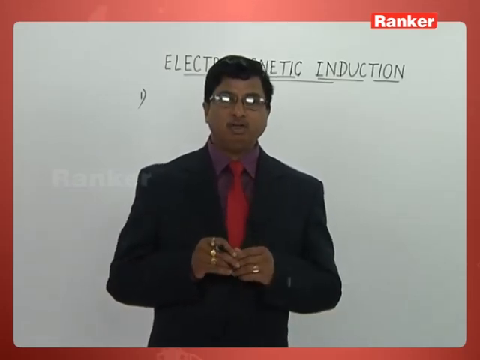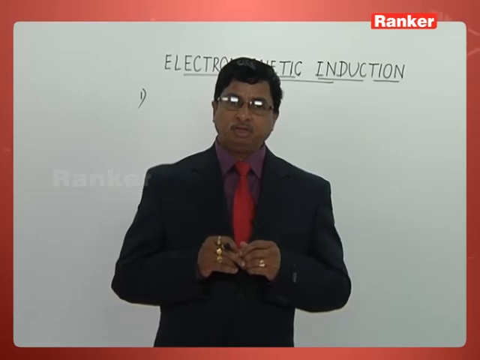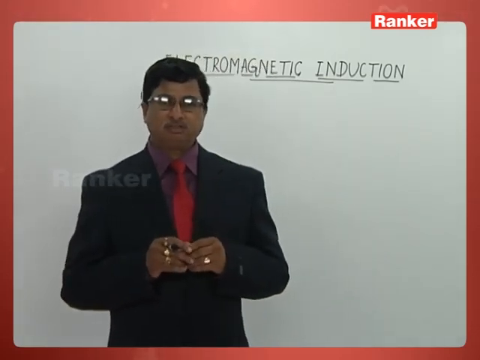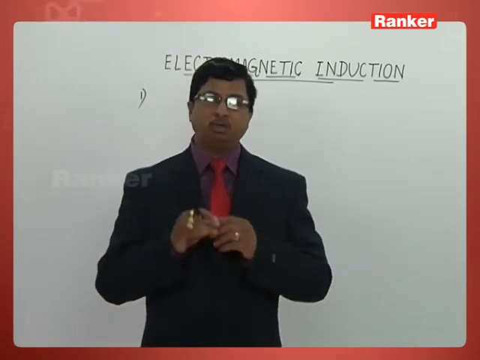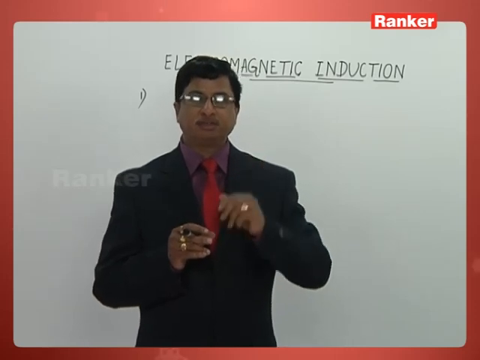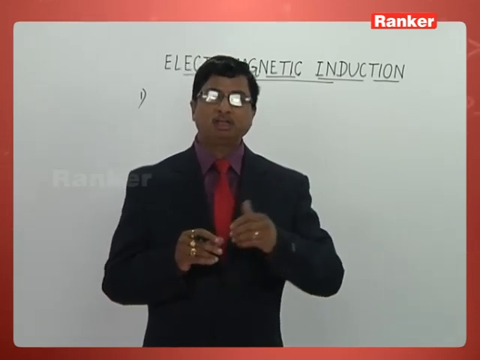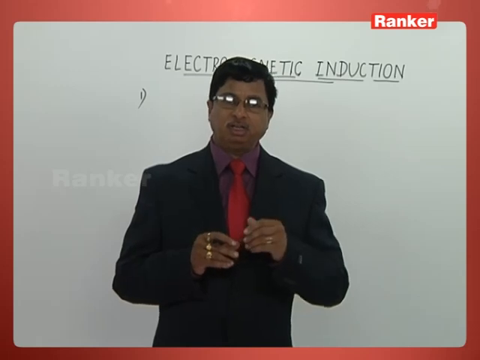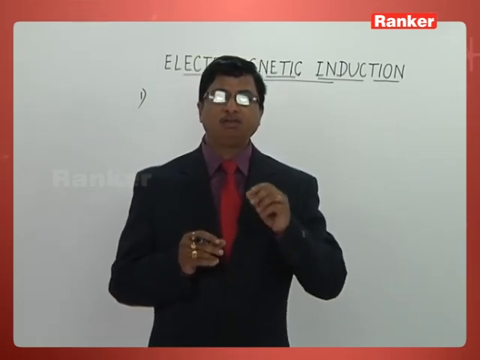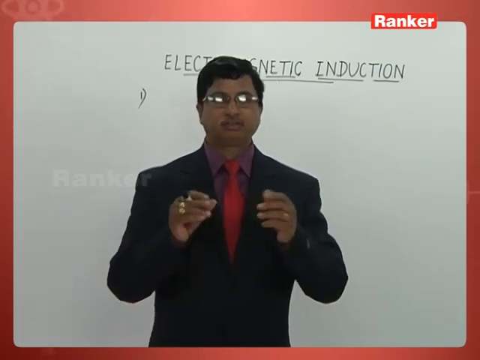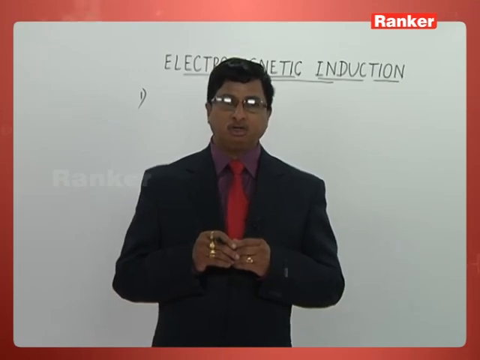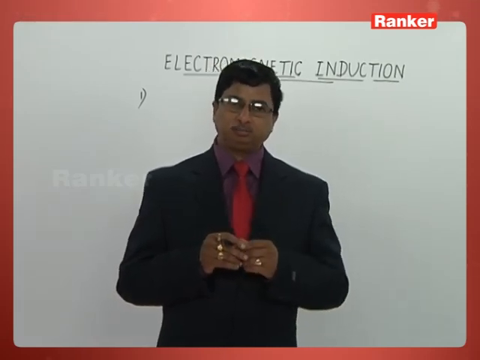electromagnetic induction. When we discuss it, the very first equation we need to know is the induced EMF, which is observed in the system due to magnetic induction, and that is equal to the rate of change of magnetic flux in the system. That we write as E is equal to d phi by dt.